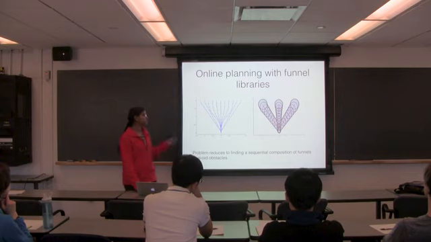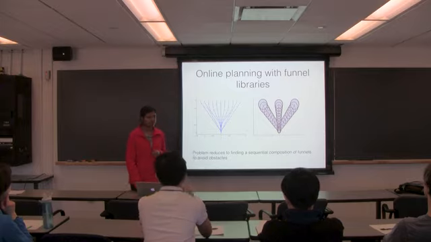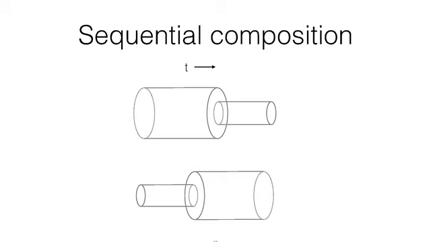You cannot always compose funnels. Some compositions are legal and some of those are not legal. Consider this example, taking time going from left to right. You have a situation where you're trying to compose a bigger funnel with a smaller funnel. And you have another situation where you're trying to compose a smaller funnel with a bigger funnel.